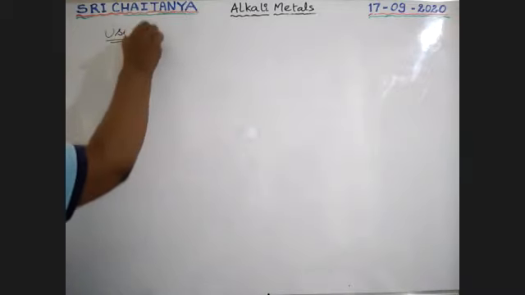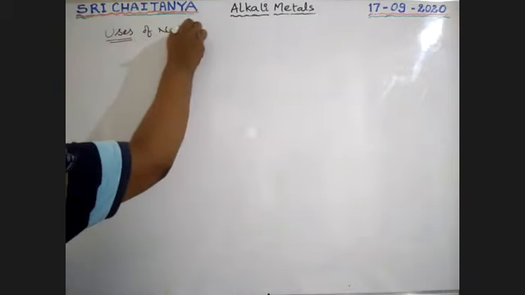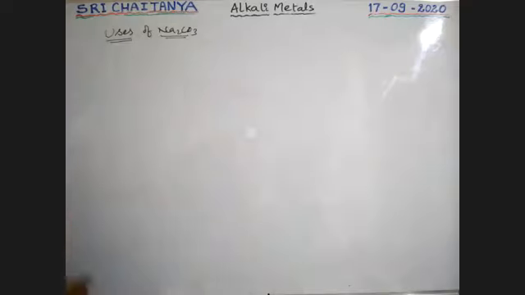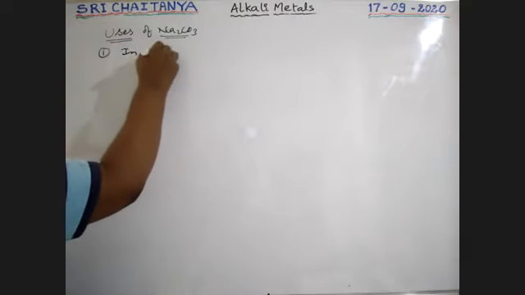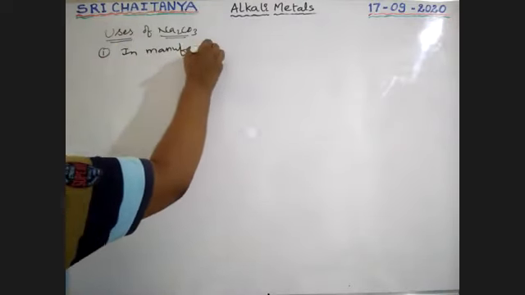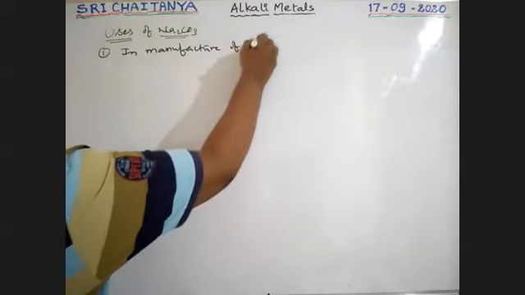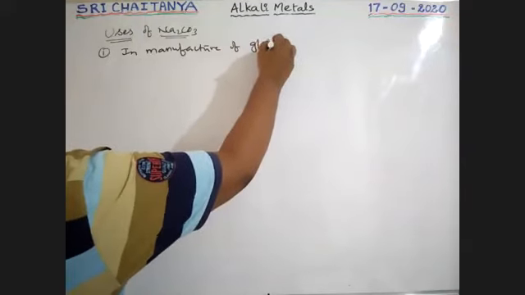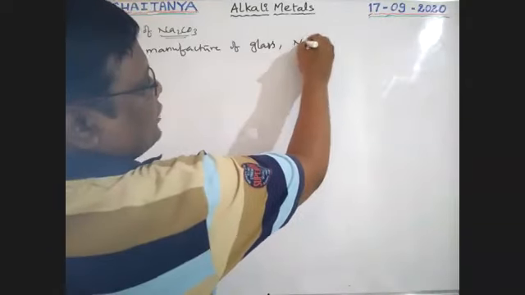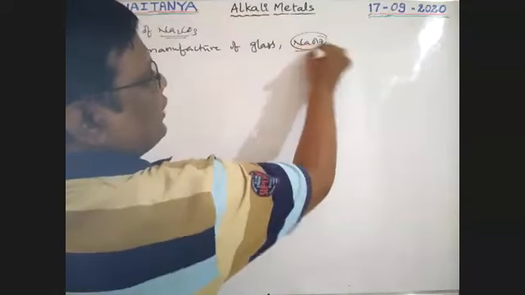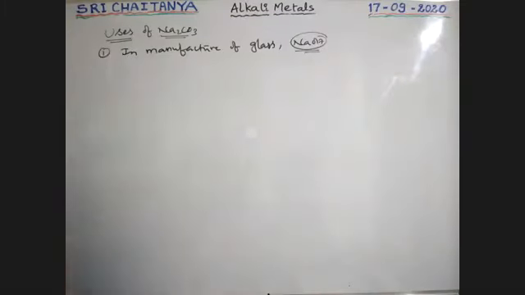First one, in the manufacture of glass and caustic soda, NaOH. Yesterday we used this Na2CO3 to prepare NaOH, that is the causticizing process.